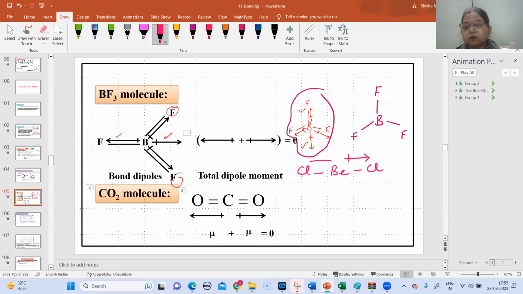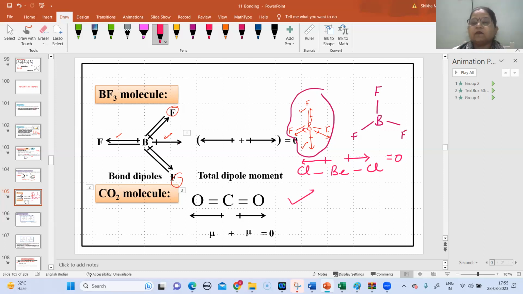Similarly, the other BeCl bond will be in the opposite direction. If you do the vector sum of it, the net resultant will be 0. Is it clear to all of you? The example of BeCl2, or carbon dioxide made below it? Yes, now it's clear.